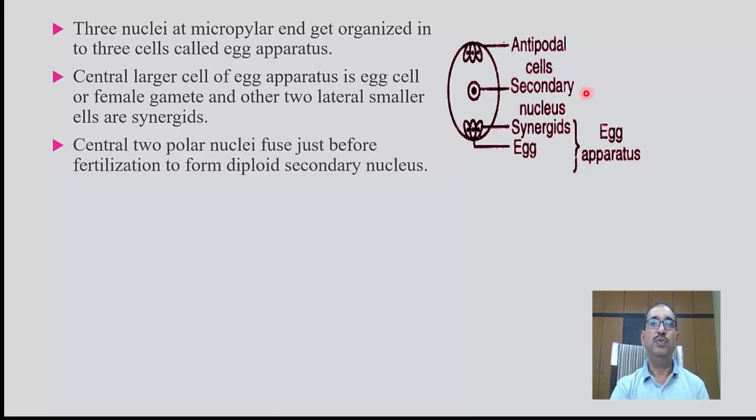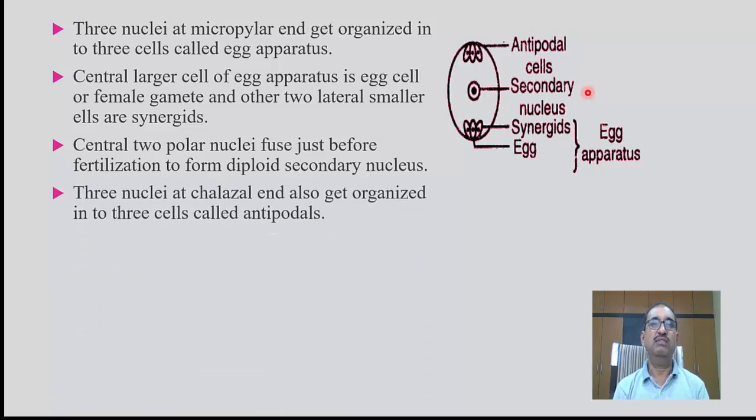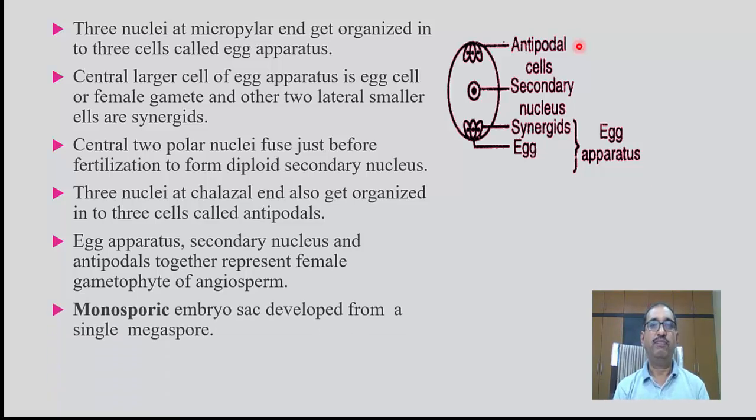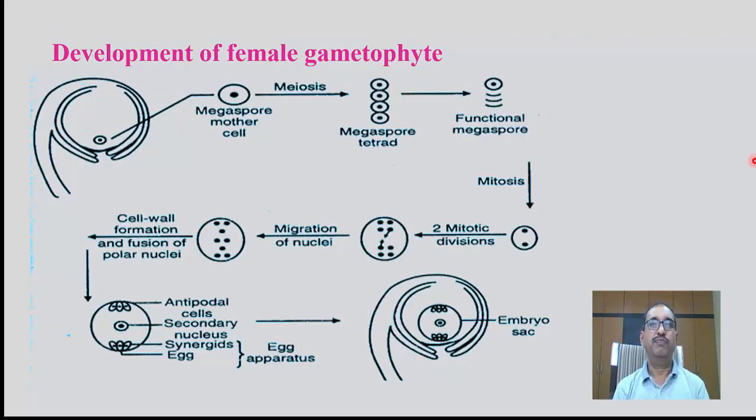The 2 central polar nuclei fuse just before fertilization to form diploid secondary nucleus. 3 nuclei at the chalazal end get organized into 3 cells called antipodals. Egg apparatus, secondary nucleus and antipodals together represent the female gametophyte of angiosperm. Monosporic embryo sac is developed from a single megaspore.